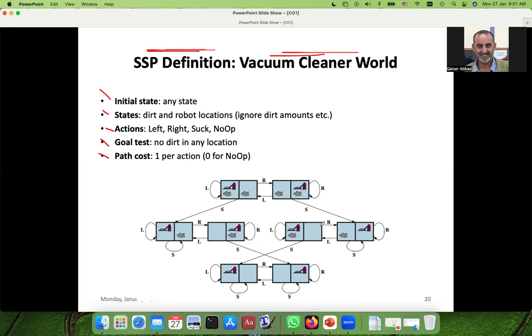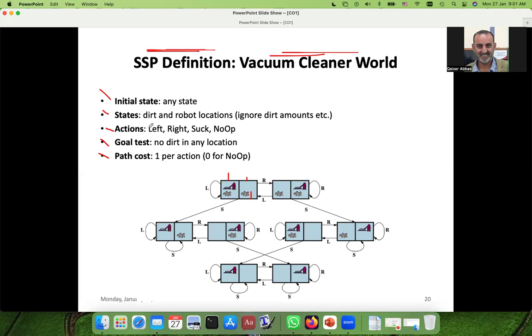So if you see this picture, this is square A, this is square B, and the agent can be in square A or square B, and the dirt can be in square A or not present. Similarly, the dirt can be present in location B or not. So there are 4 or 5 different possible initial states.